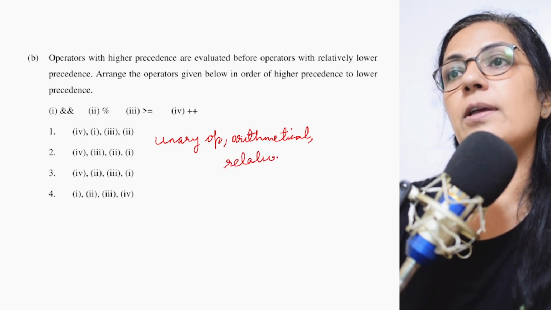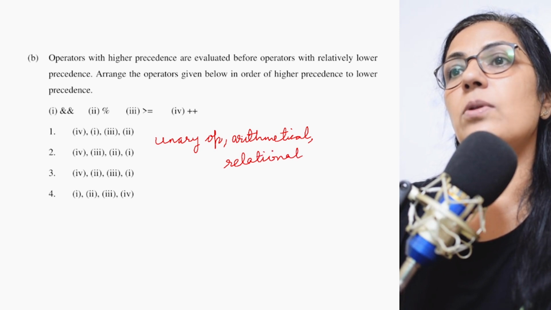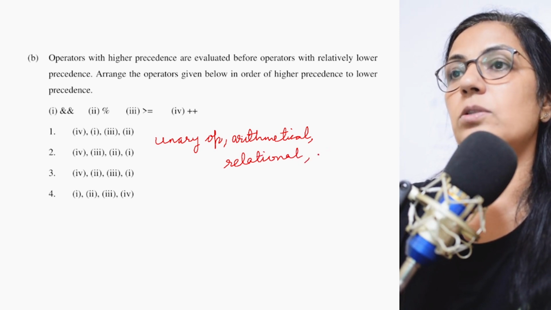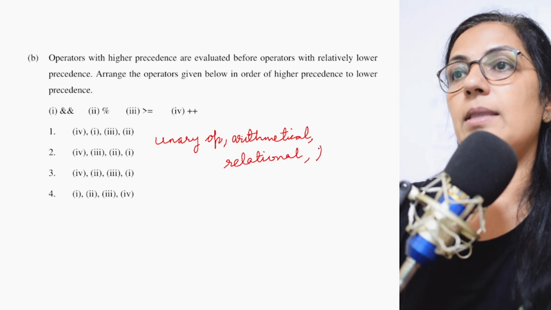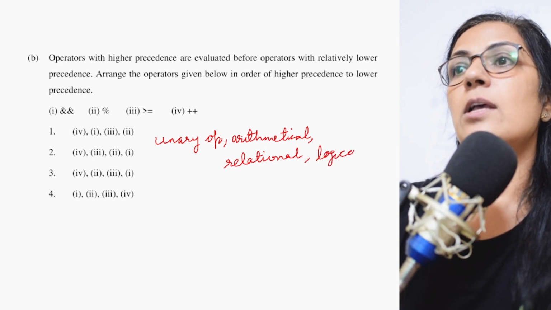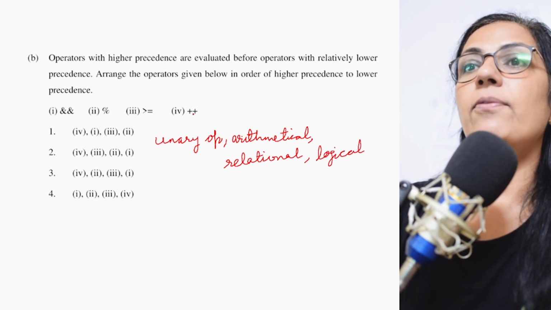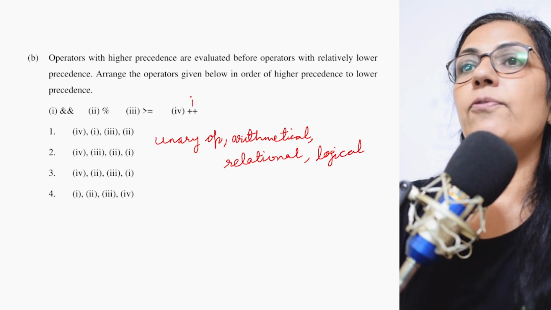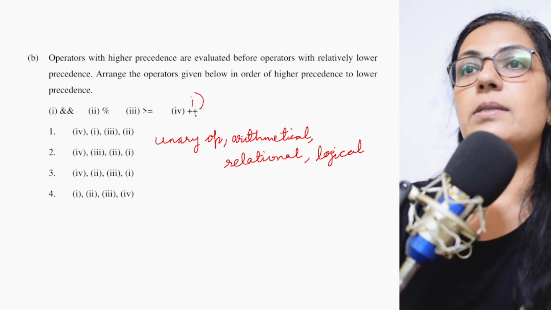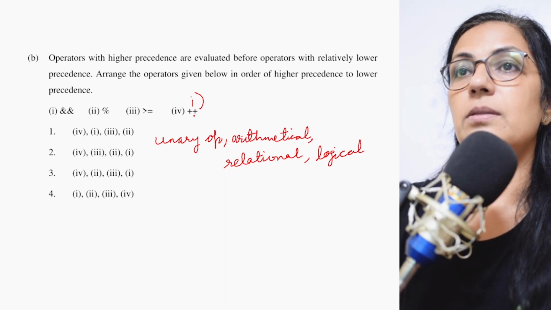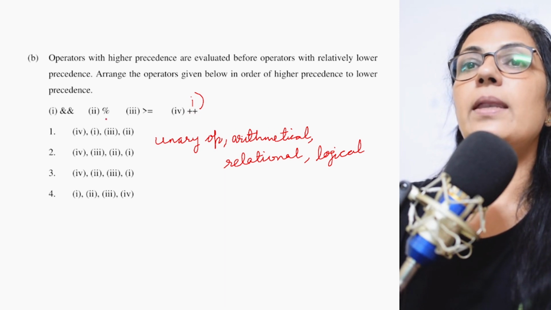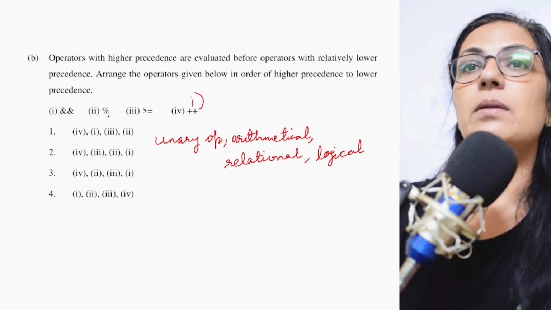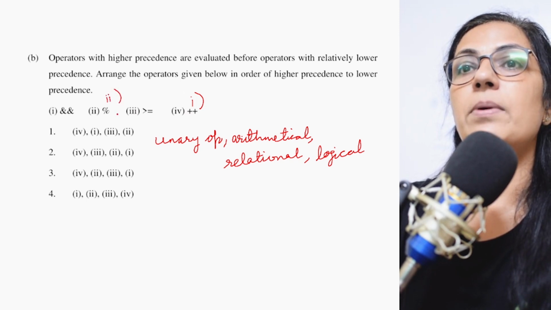So after keeping this in mind, you have to analyze what will be the answer. In this, the first is the unary operator, plus plus increment operator. Then you have arithmetical operator, the modulus sign, so this comes to number 2.